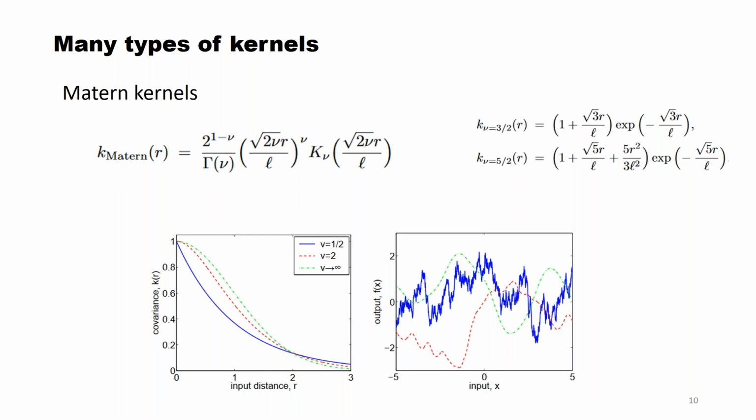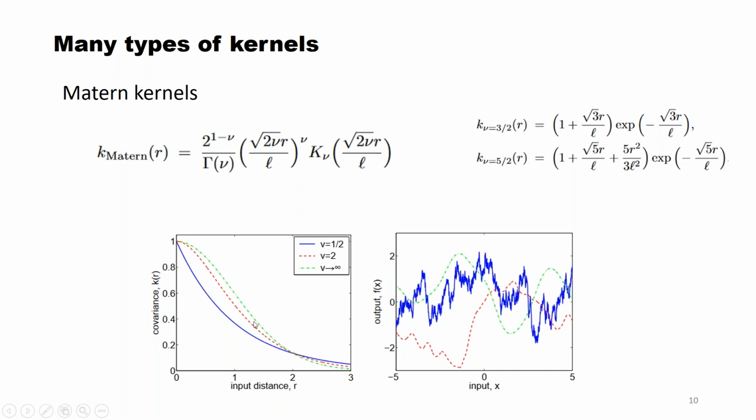The second most widely used kernels are the Matern. It's a family of kernels. It has this Bessel function, and you have infinitely many of them. The important parameter is this nu here, and nu equal to 1/2 is going to be just a pure exponential.